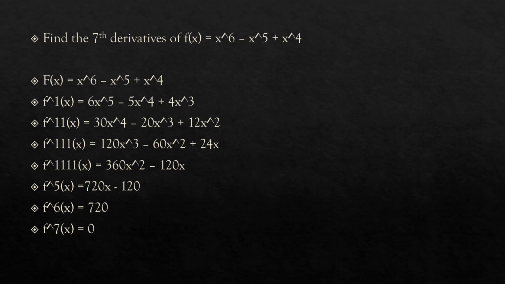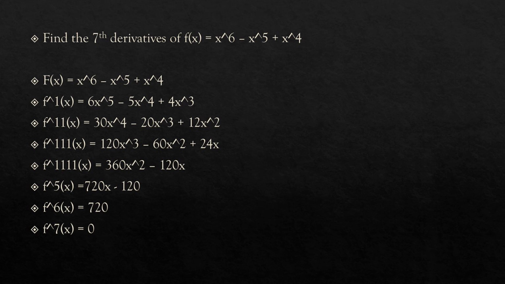Next example, find the seventh derivative of the function x raised to 6 minus x raised to 5 plus x raised to 4. So the first derivative will be 6x raised to 5, since 6 will be our exponent of x.